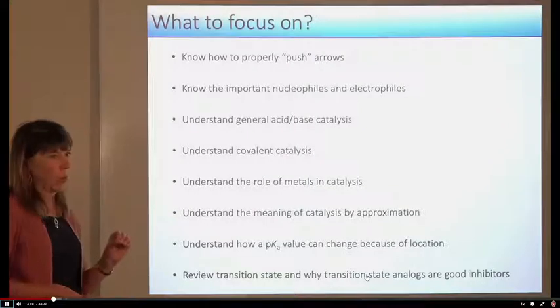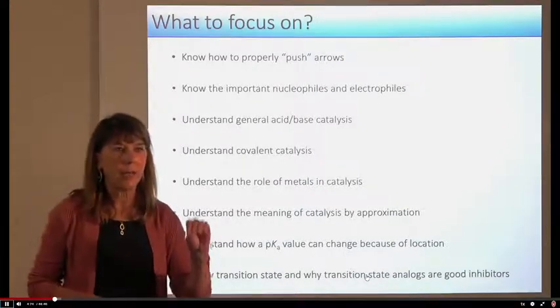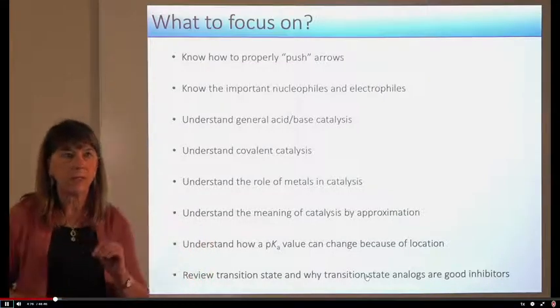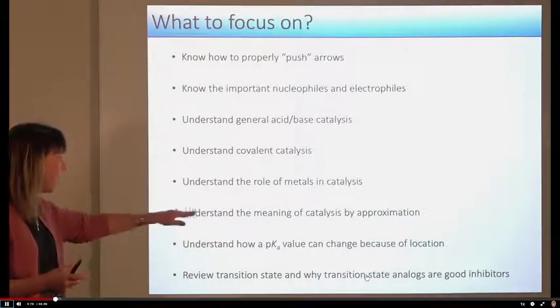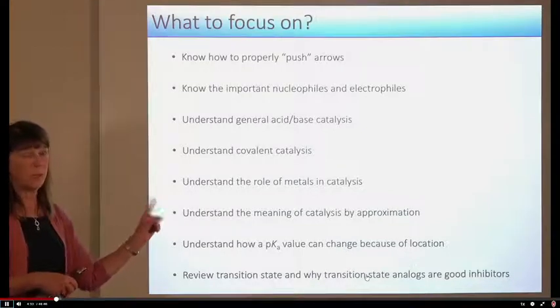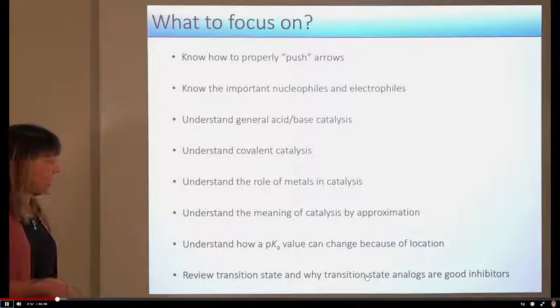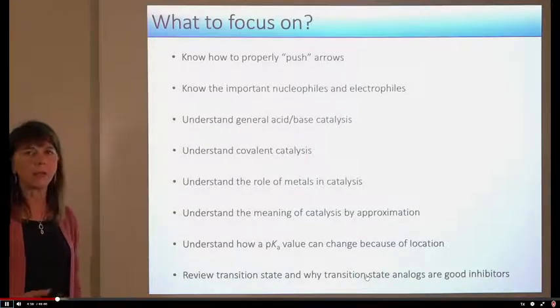And this is an important one. Understand how the pKa value can change depending upon where that residue is in the protein, its local environment. That's important. And we didn't talk about it in this lecture, but we did talk about transition state analogs in the kinetics lectures. So you need to understand, why are transition state analogs such good inhibitors?